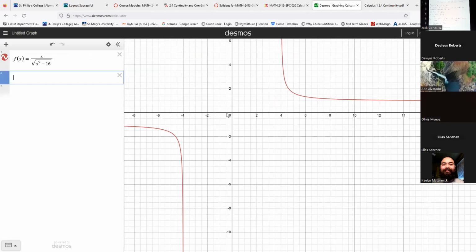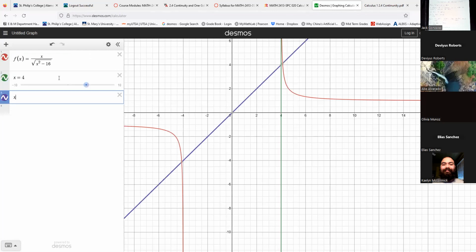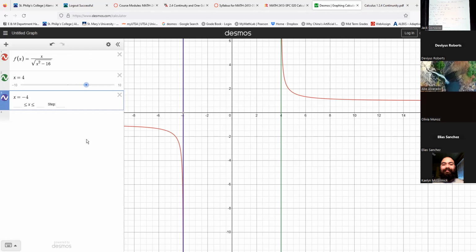It looks like some weirdness is happening at 4 and -4, right? We have asymptotes, right?